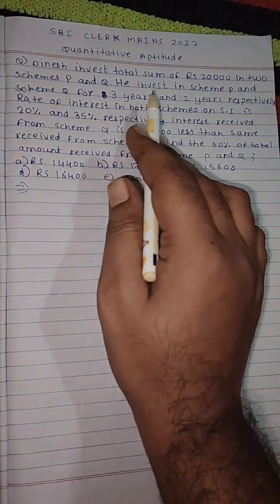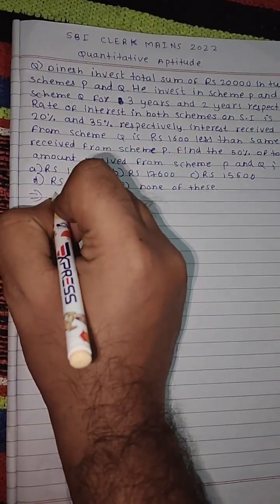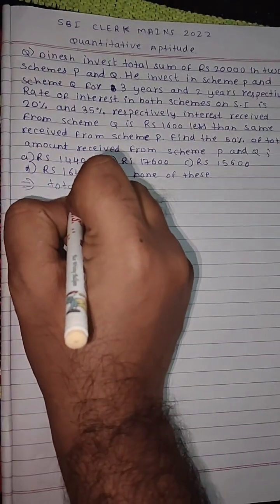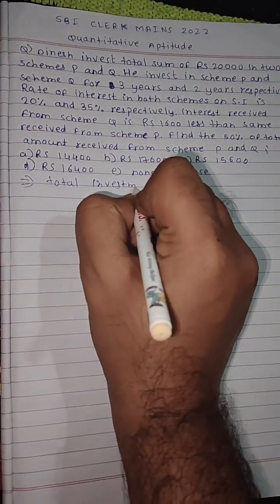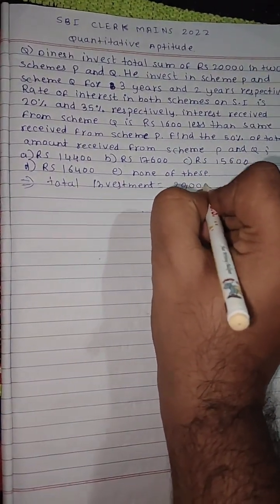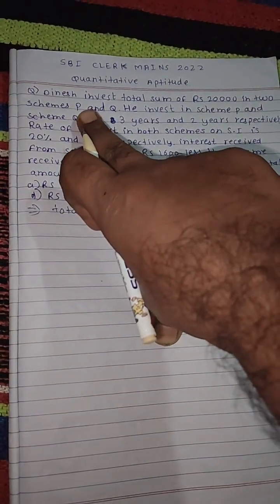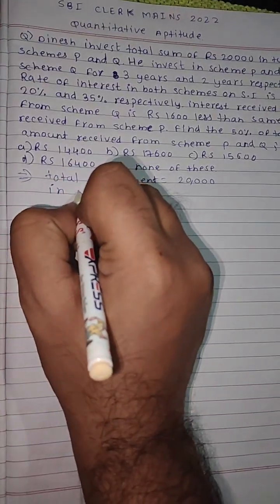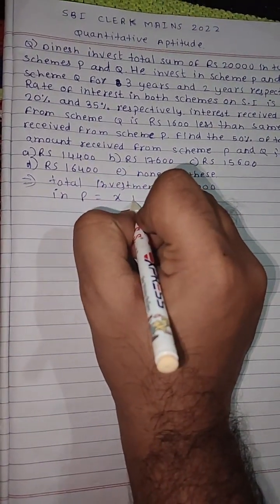First we'll write the total investment: it is 20,000, in the two schemes P and Q. We will assume in P he invested X amount.